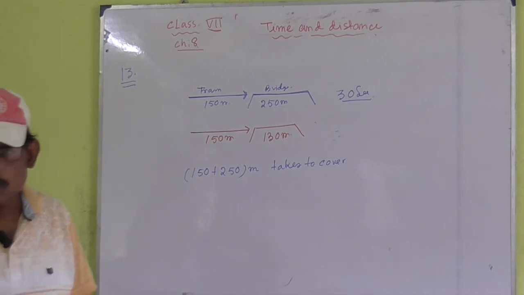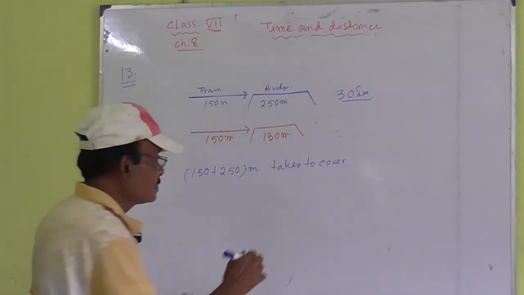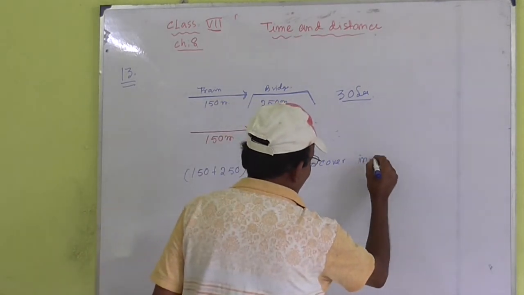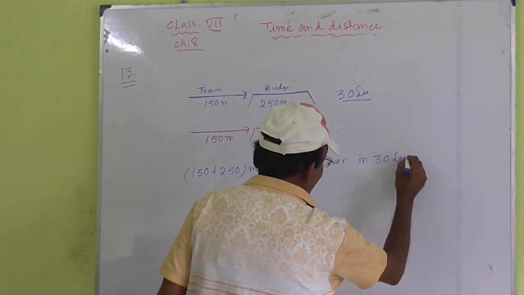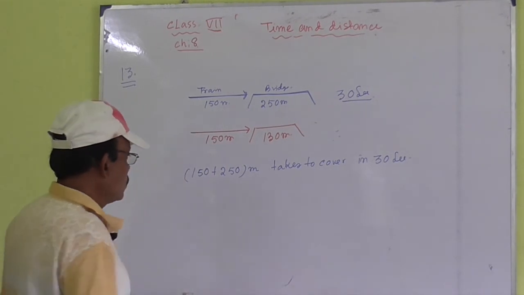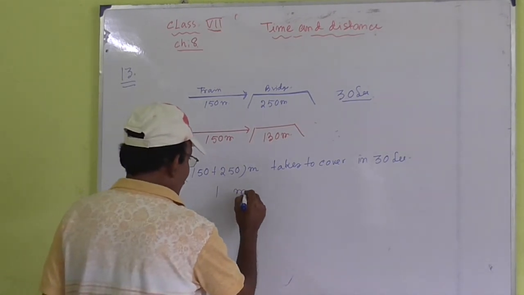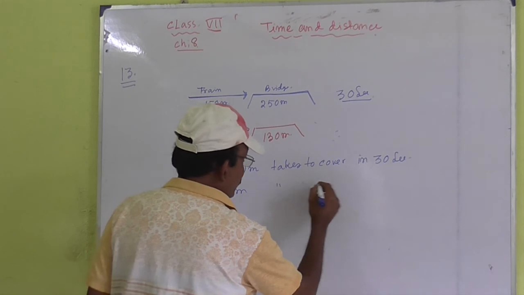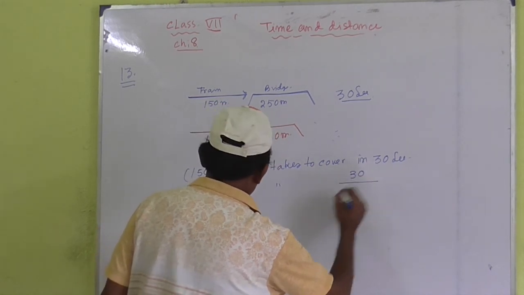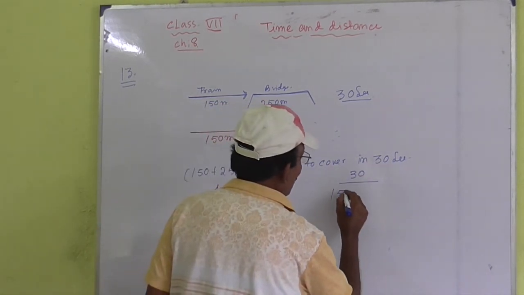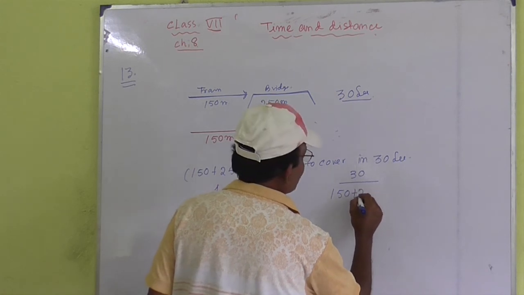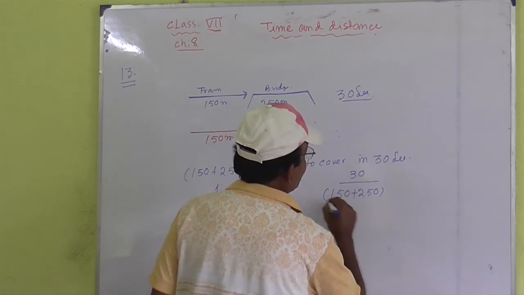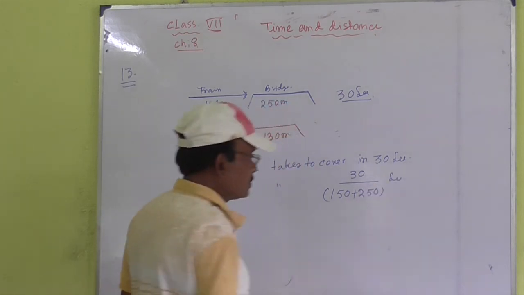Clear? One meter takes 30 by 150 plus 250 seconds.